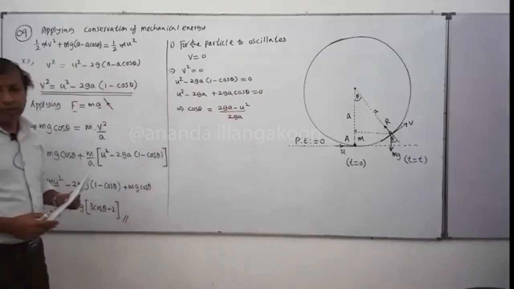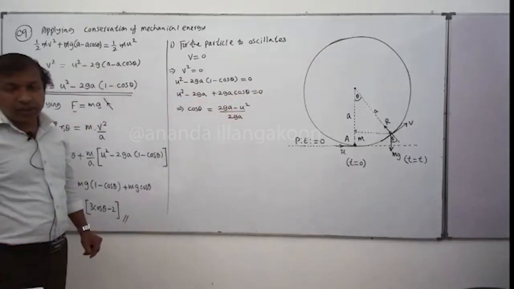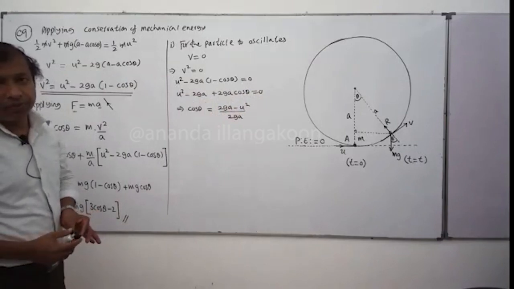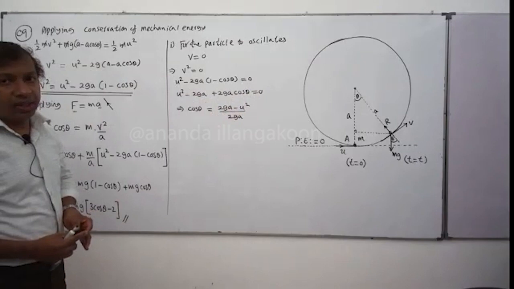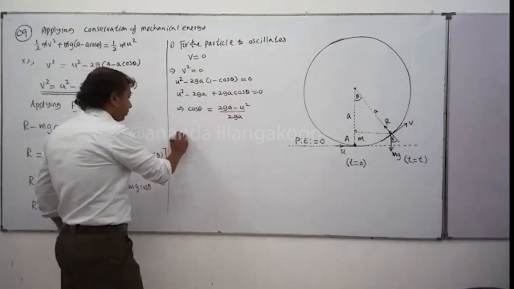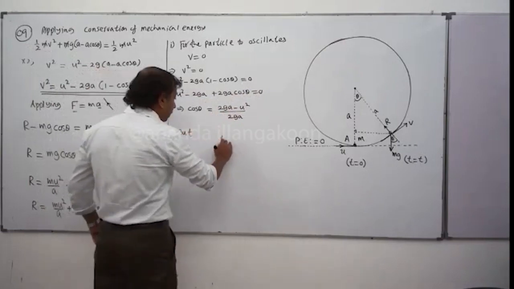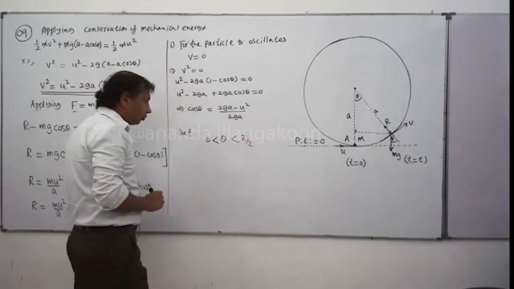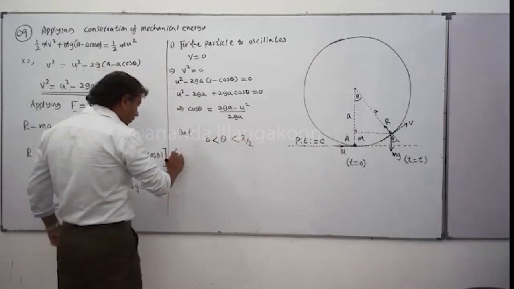But people, when the particle oscillates, the oscillatory motion can happen with the angle theta acute, less than pi by 2 and greater than 0. Take cos of this.